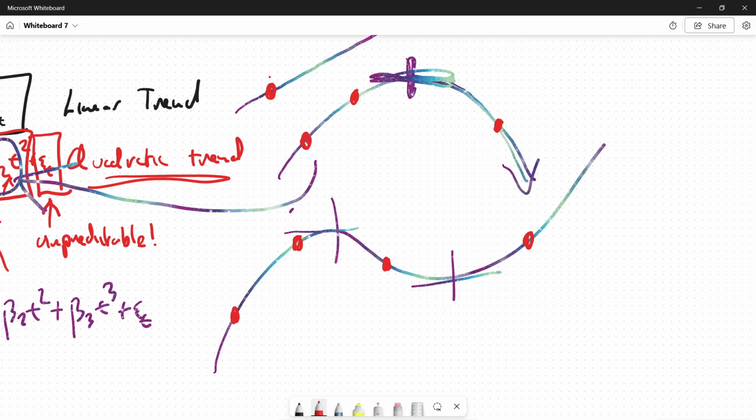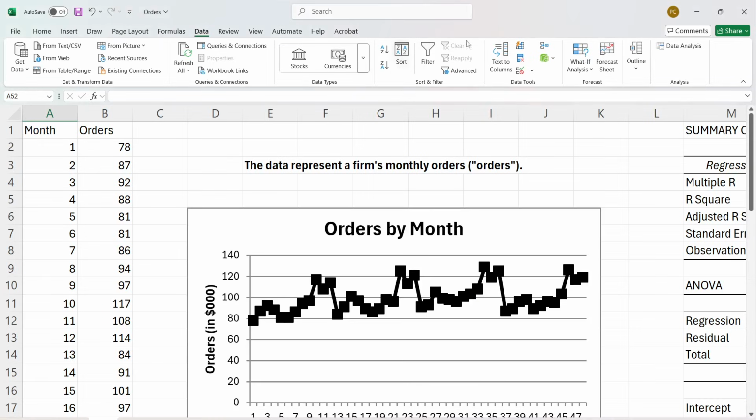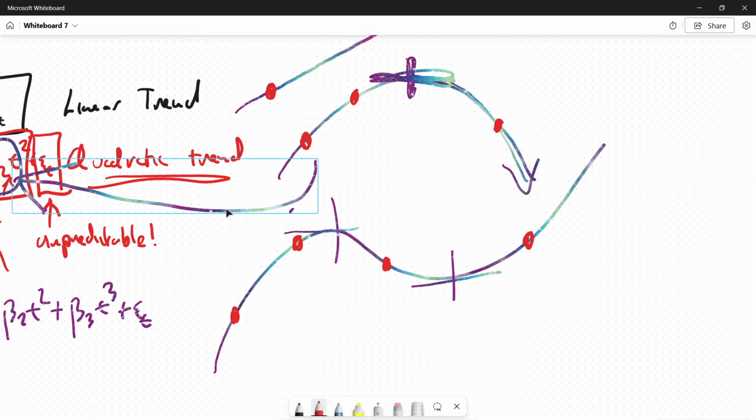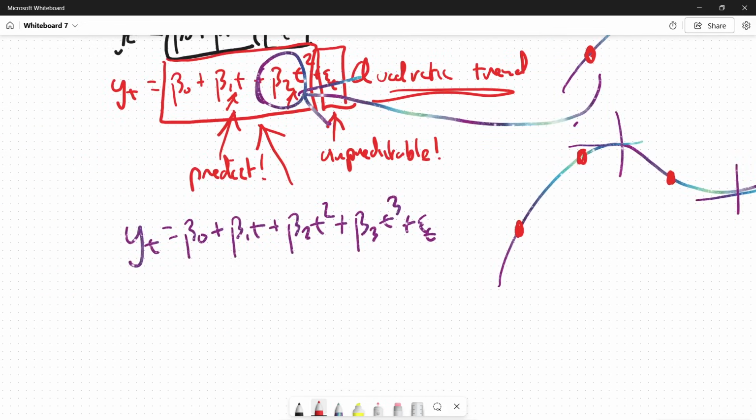So if I have, say, 48 observations in my data set over here about orders, well, 48 observations can be exactly fit by a polynomial of order 47. So if I go all the way out to not linear, quadratic, or cubic, but I keep adding terms until I get all the way to beta 47 t to the power of 47. Now that's a ridiculously large model, including 47 variables on the right-hand side, but my R squared will be equal to 1.